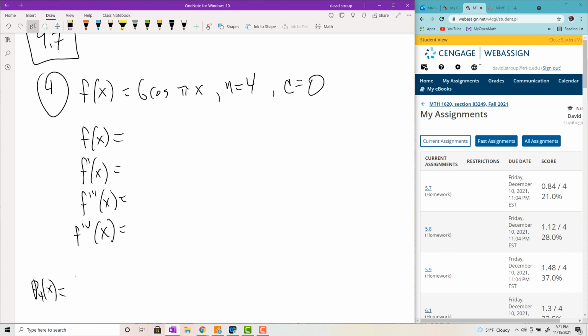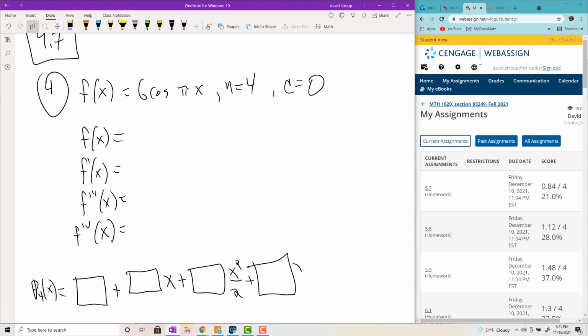You could set up your polynomial like a fill in the blank if you want to. That does not bother me, if that helps you remember things.